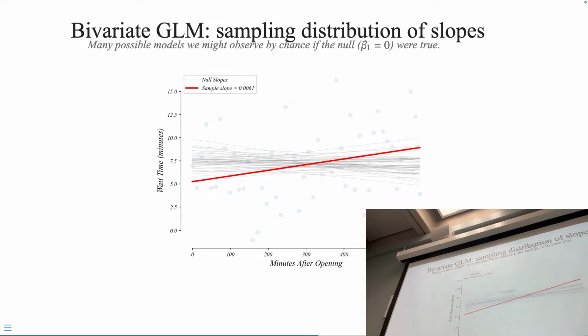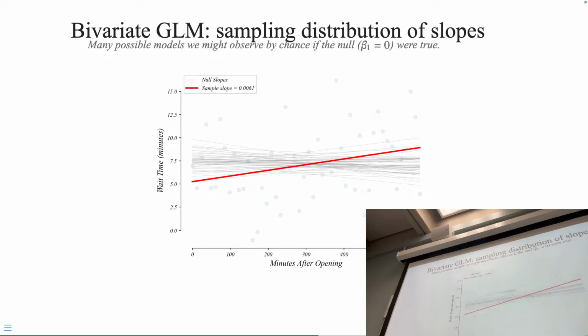But then I also drew a bunch of samples under the null hypothesis and built sample slopes drawn from the null distribution. So if the null hypothesis were true, we would be essentially picking one of these slopes in gray. But I've also shown the model that we do see. And the question is, how surprising would it be if we picked this model from these gray ones?